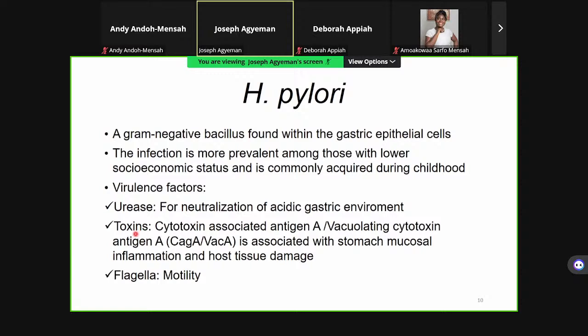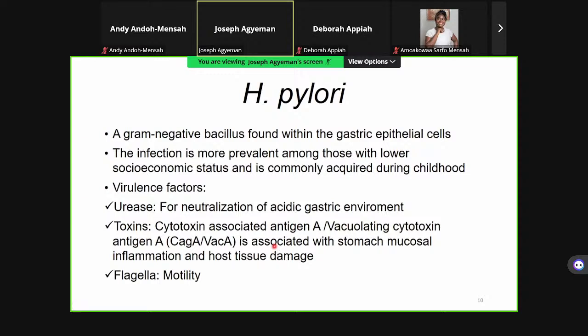We also have the toxins: the cytotoxin-associated antigen A and the vacuolating cytotoxin antigen. These two toxins are present within H. pylori, and with them it can cause extensive mucosal inflammation, leading to tissue damage. This is how H. pylori contributes to our woes when it comes to peptic ulcer disease.